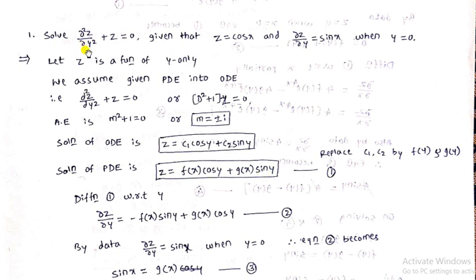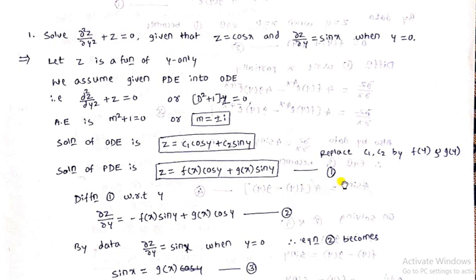Suppose the given problem is ∂²z/∂x², then you have to replace the arbitrary constants by f(y) and g(y). So f(x), g(x) or f(y), g(y) depends on whether the dependent variable varies with respect to x or with respect to y.